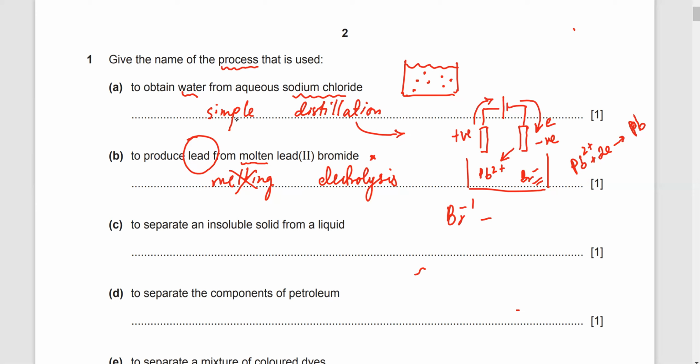Two. Why two? Because Br is diatomic. So there should be 2 Br- ions, and they would be losing 2 electrons, and they would be forming a Br2 molecule, right?